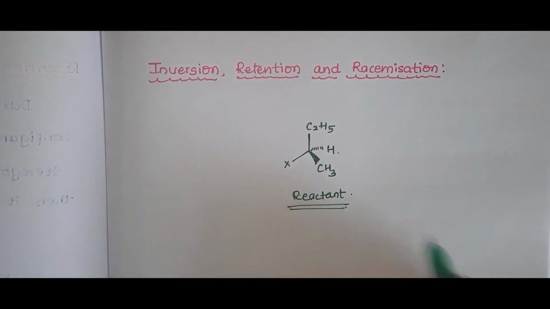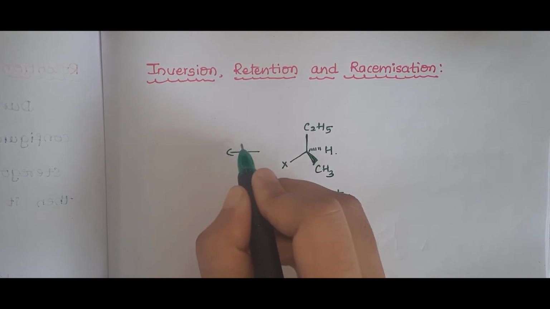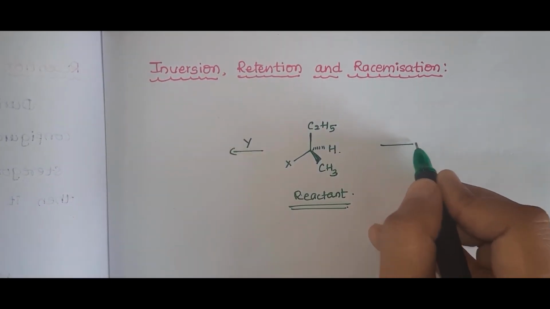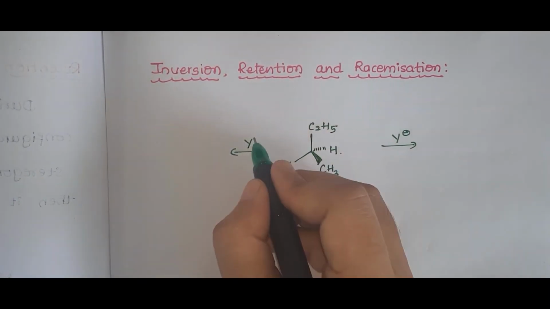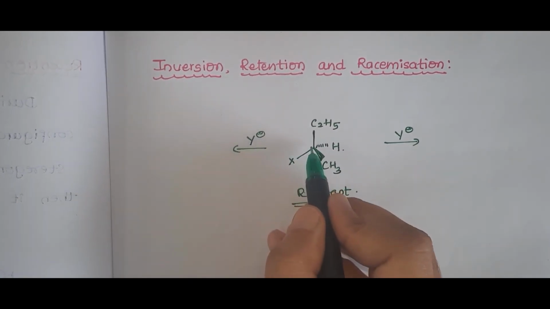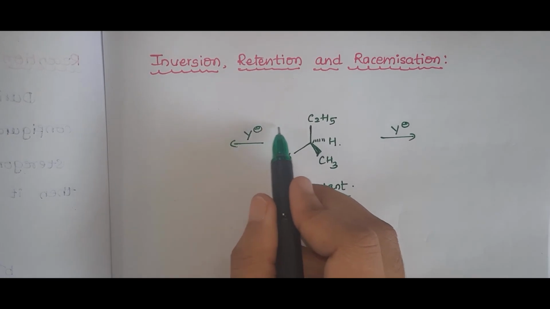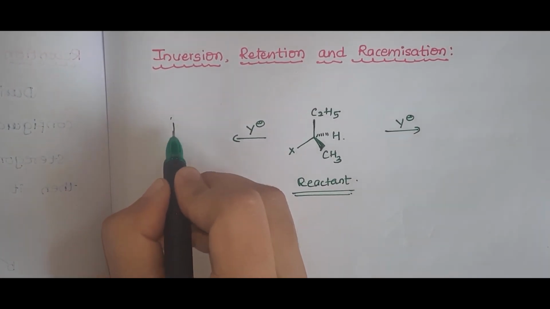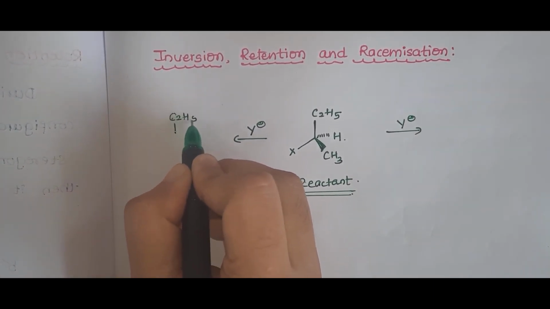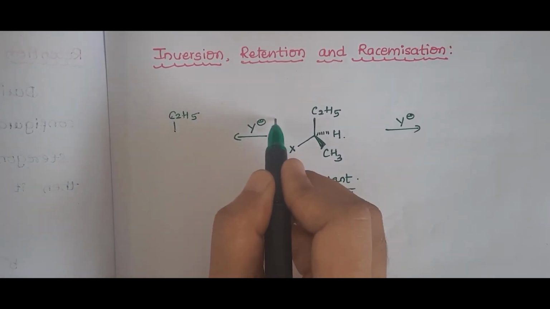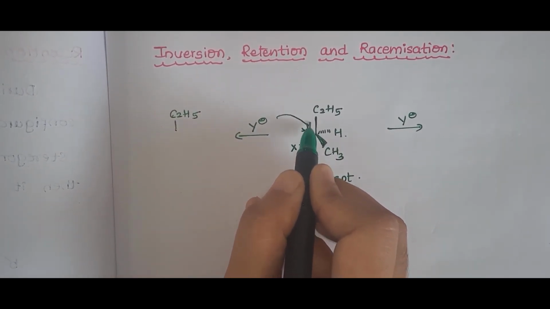Let us consider that this reactant is made to react with the nucleophile Y. So here you will observe the nucleophile Y can attack from two sides. One is from the front and one is from the back side. When you observe the attack from the front side, the position of the nucleophile will be exchanged. That means in the position of X we get Y.